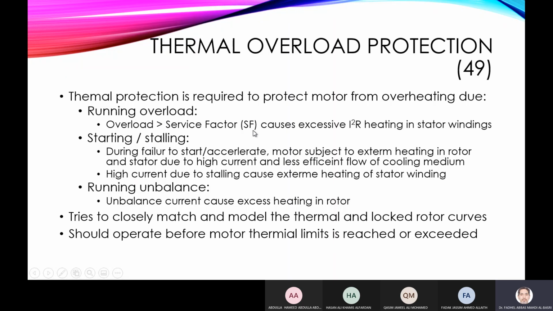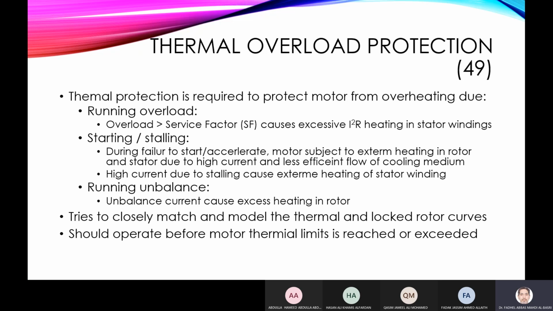Have you heard about service factor before? No, doctor. A service factor, if you go to any data sheet of a motor, even on the nameplate, you will see the service factor 1 or 1.15. If it is 1.15, it means the designer designed the motor such that it can be overloaded up to 15% extra to its full load.